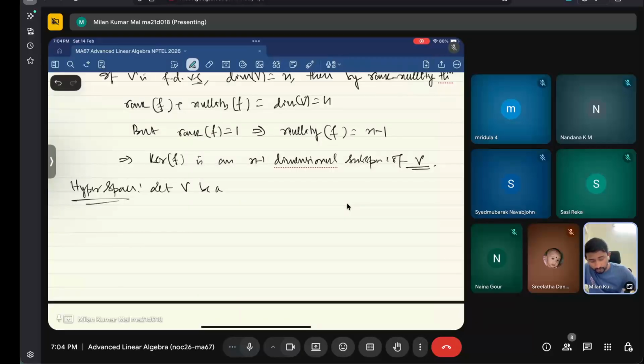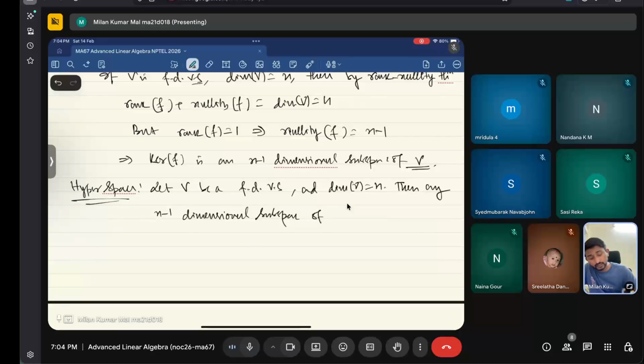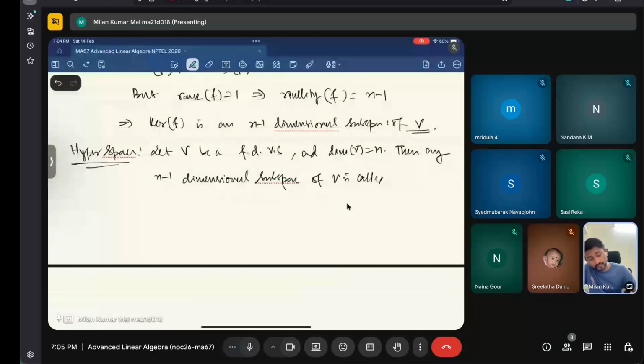Let V be a finite dimensional vector space over a field F, whatever it is, but the field is always fixed. Suppose the dimension of V is equal to n. Then any n minus 1 dimensional subspace of V is called a hyperspace, or sometimes a hyperplane.